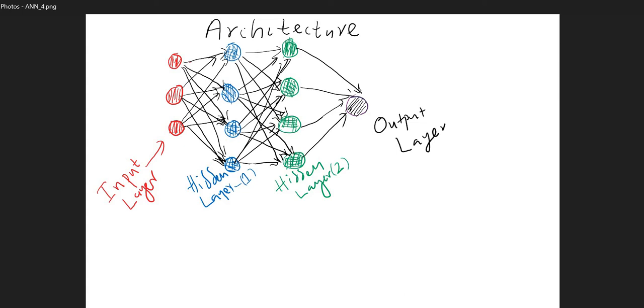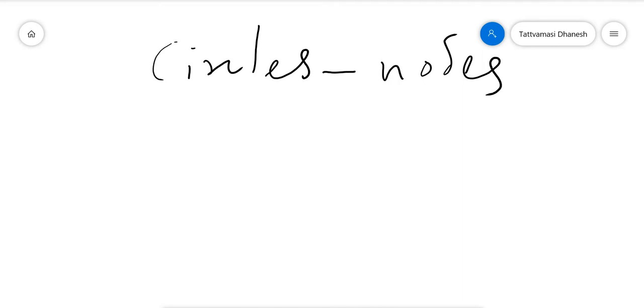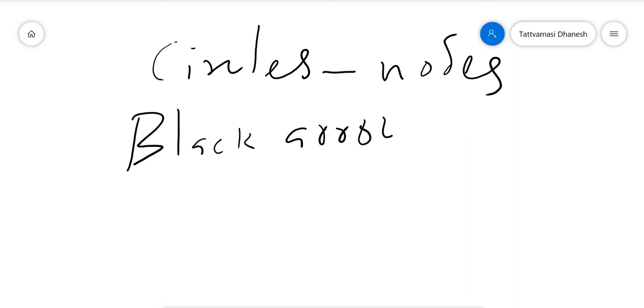Each black arrow has a particular weight. Very important: each circle represents a node in the neural network, and each black arrow has a specific weight.